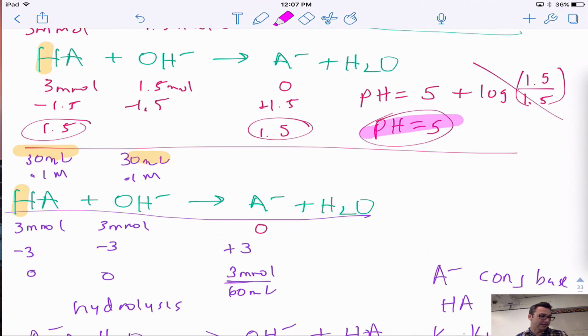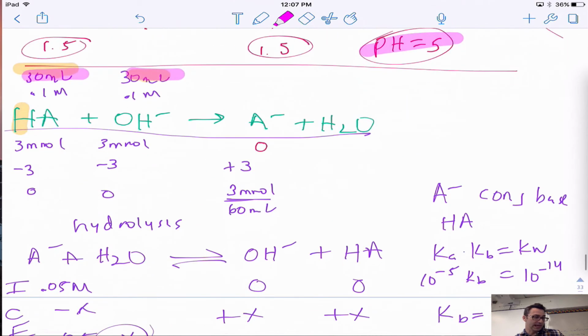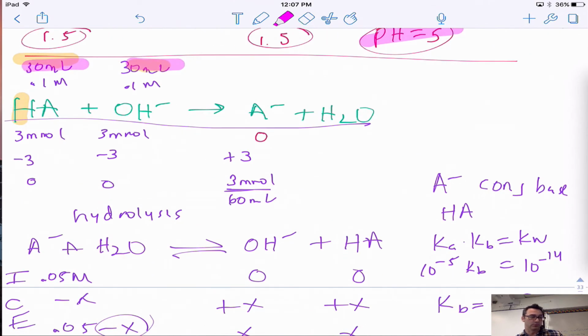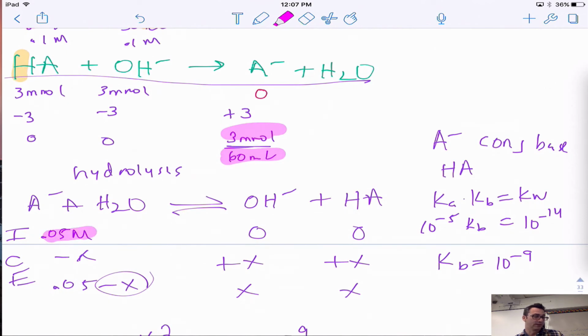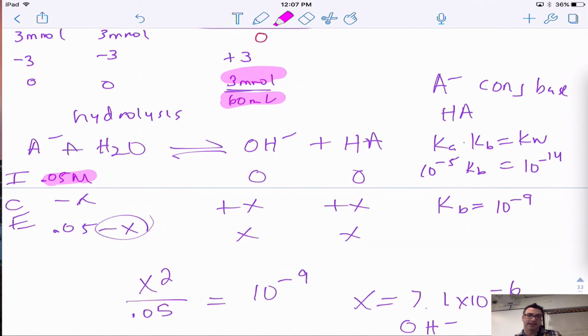Then we have the last calculation where you have equal amounts, where you're at the equivalence point. And in this case, this requires the most work. You have to take the moles of A minus, divide it by the total volume to get the new concentration that you write in a new reaction, a hydrolysis reaction. You also have to keep account of the fact that A minus has a Kb, and you have to find that Kb using the Kw equation.